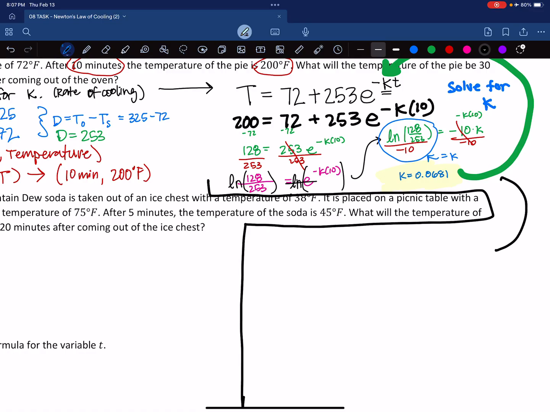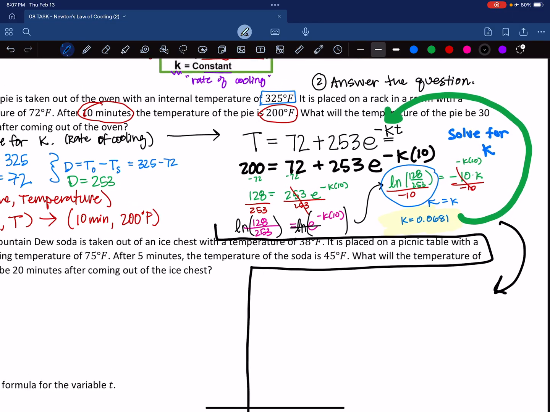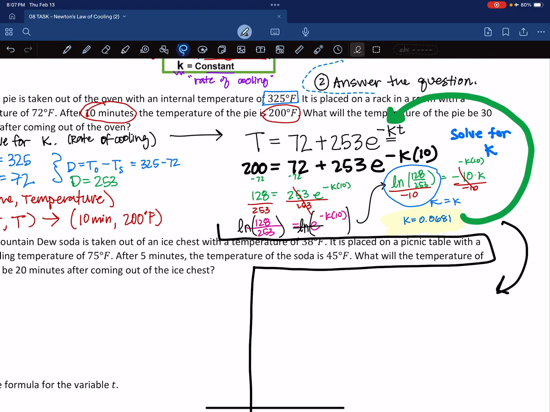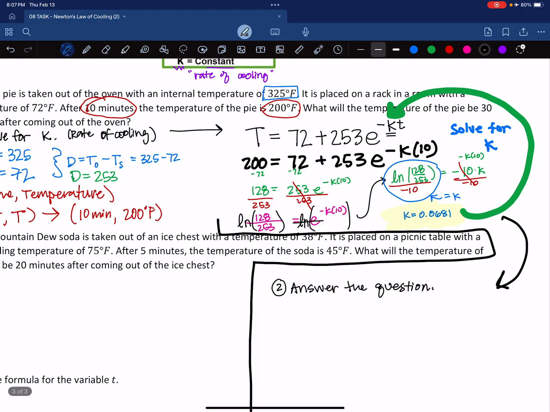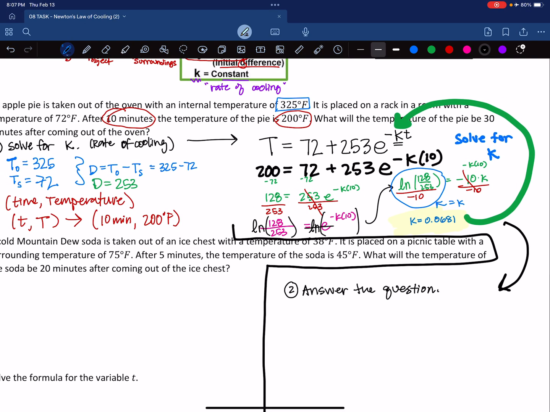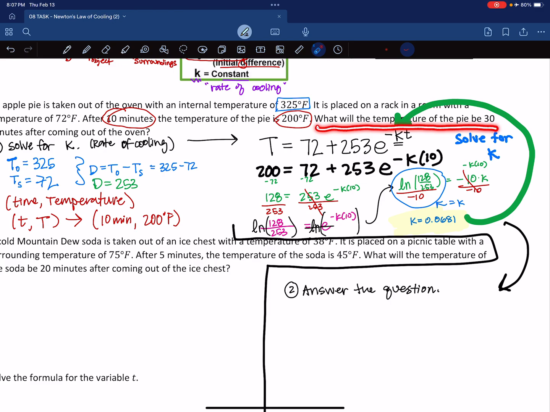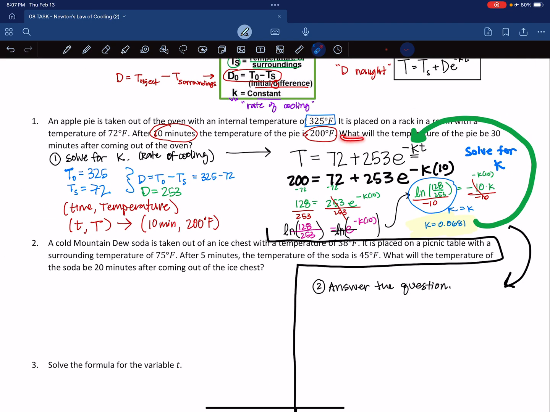Okay, here we go. So here's our phase 2, where we actually answer the question. Let's remind ourselves of what our question was. What will the temperature of the pie be 30 minutes after coming out of the oven?